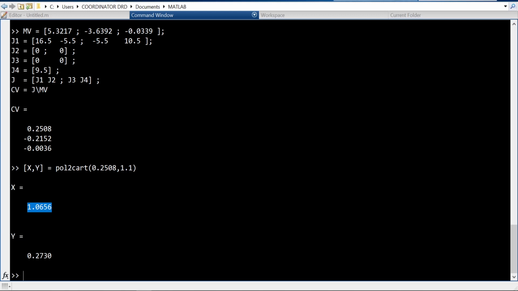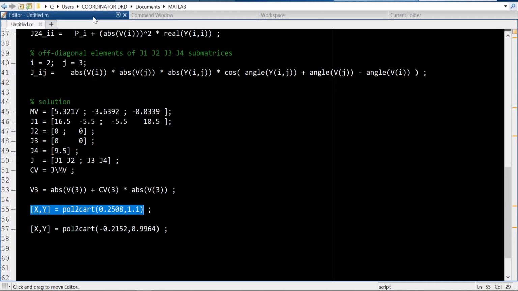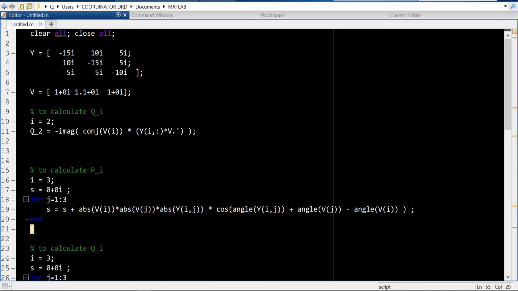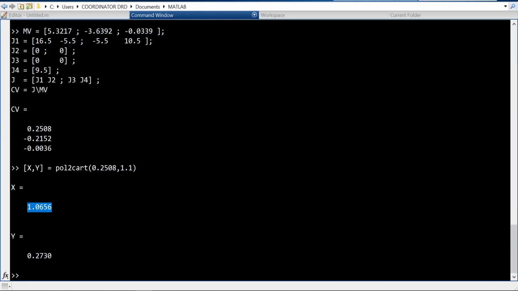So let me copy these two, and now paste where I have to paste here. V2 real part is this value, and V2 imaginary part is this value.